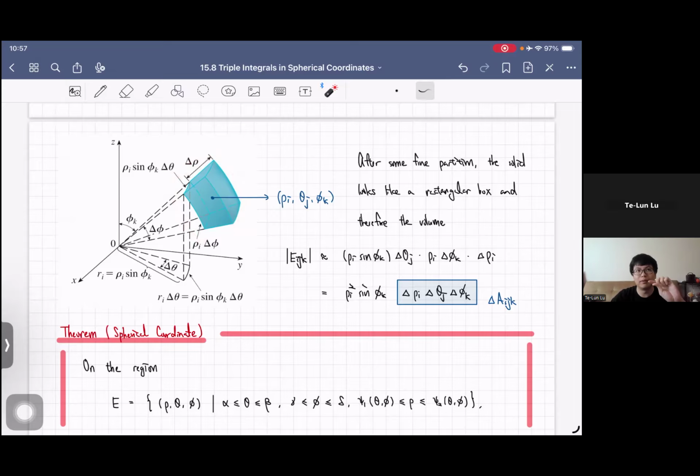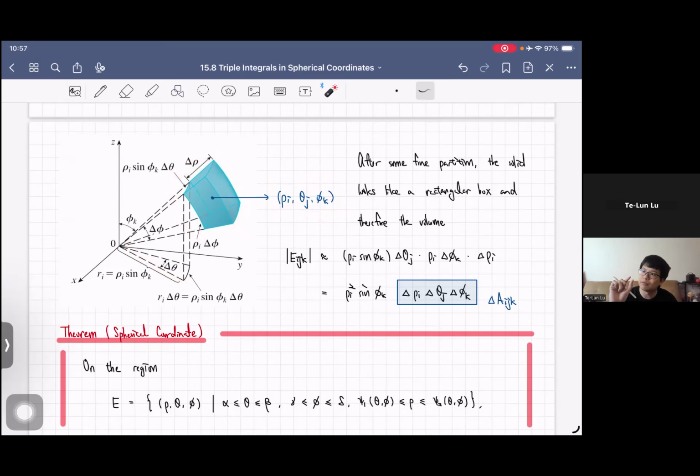It is a small piece of a disk, right? So first of all, what is the distance here? That is rho_i sine phi_k, right? Let me emphasize here, I pick a particular point in the Riemann sum, in the finite grid. We cut the domain into finitely many rho_i, theta_j and phi_k, right?